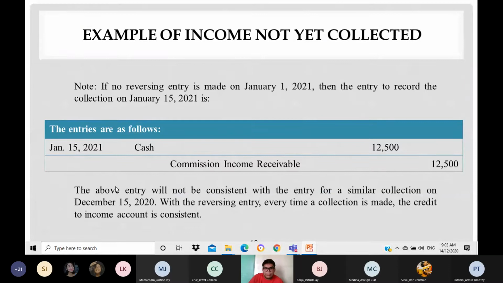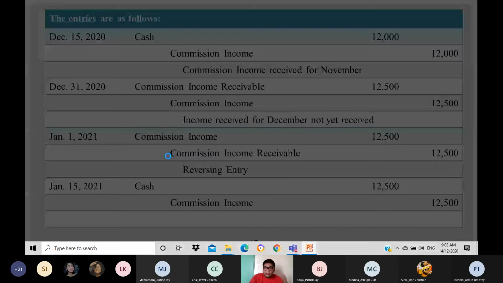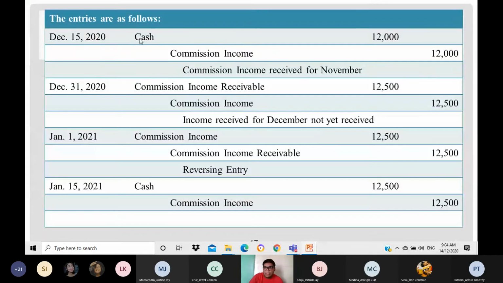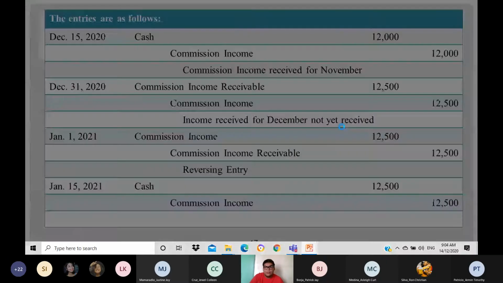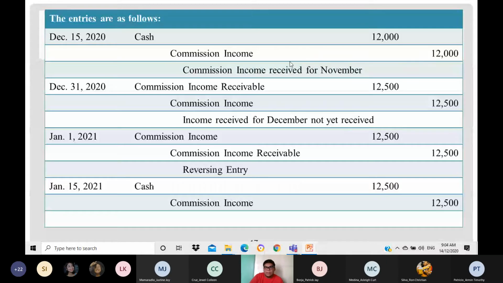So, the above entry will not be consistent with the entry for similar collection. Kasi you will notice, yung entry natin for December is cash and commission income. Whereas kung hindi ka nag-adjust ng reversing entries, cash and commission income receivable.